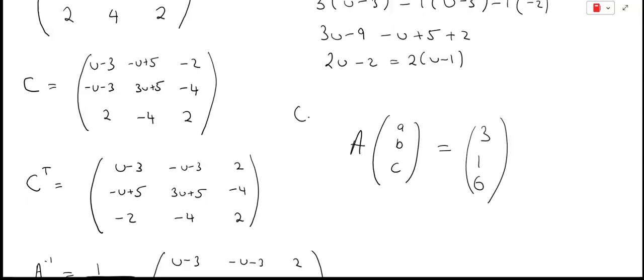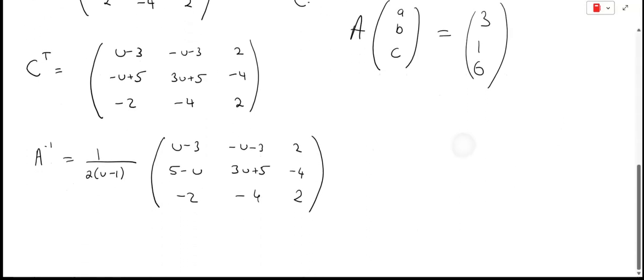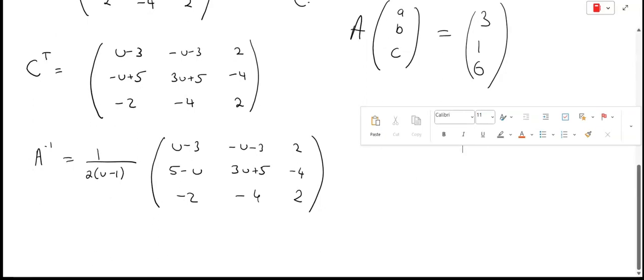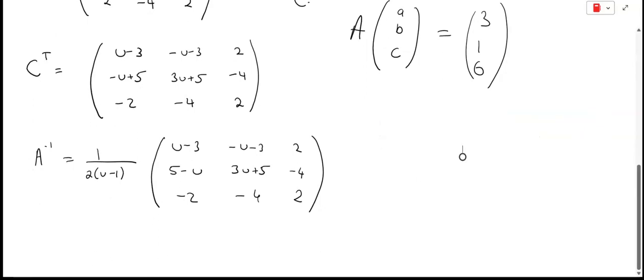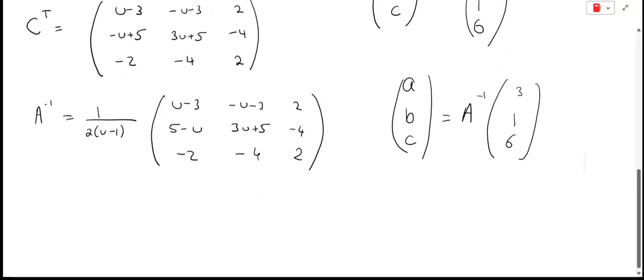So (a, b, c) will be equal to A inverse. And it's important that we put the A inverse in the front because it was on the front on the left-hand side, so it should go on the front on the right-hand side. That way the matrices will actually be able to multiply. So it's A inverse times (3, 1, 6).